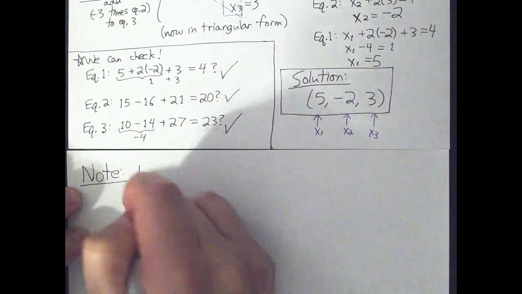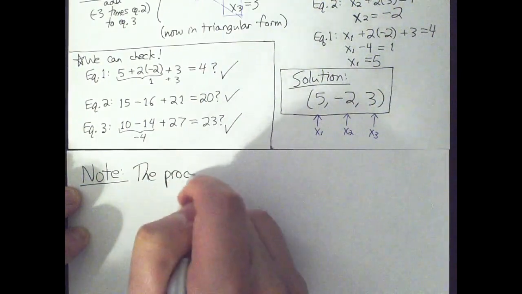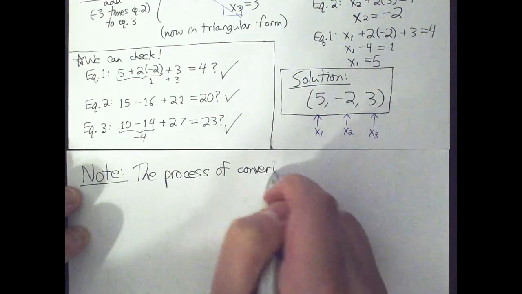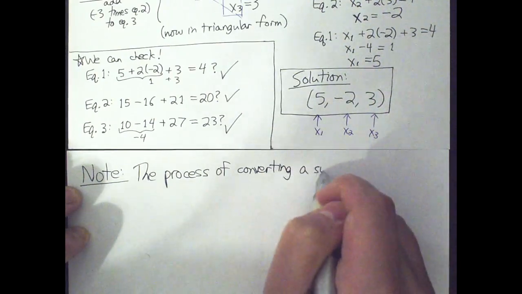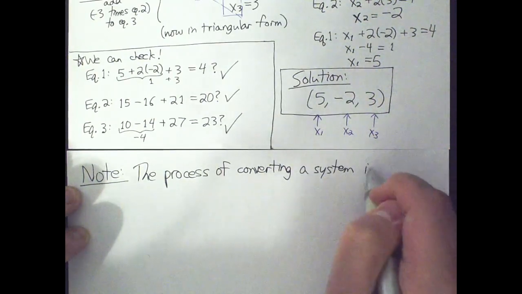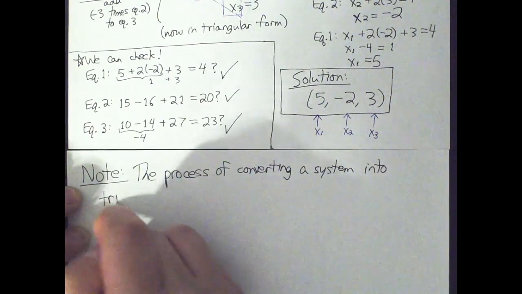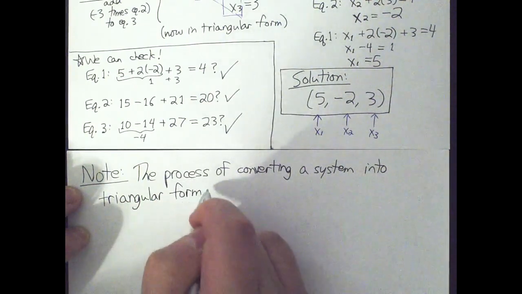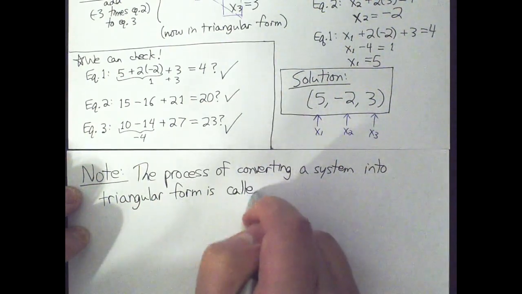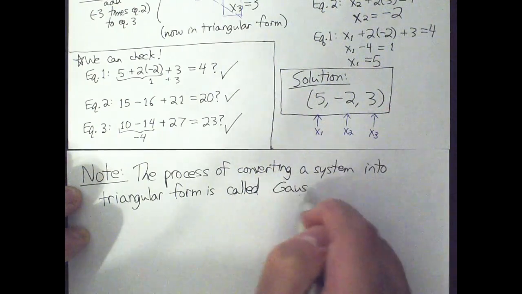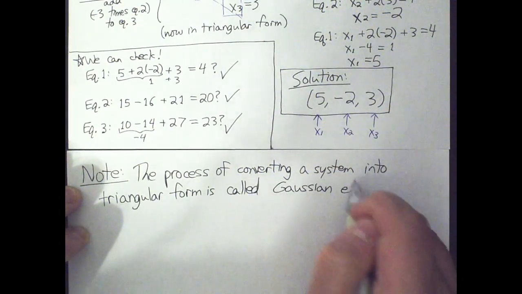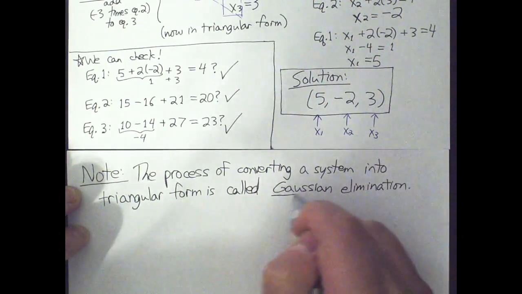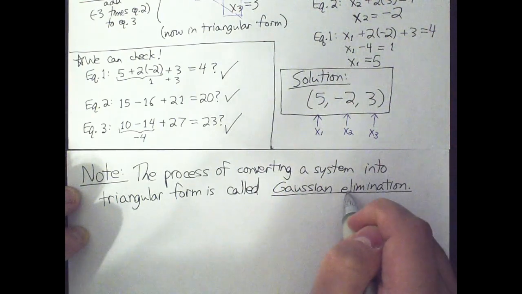So note the process of converting a system into triangular form is called Gaussian elimination. That is the process that we did on that problem.